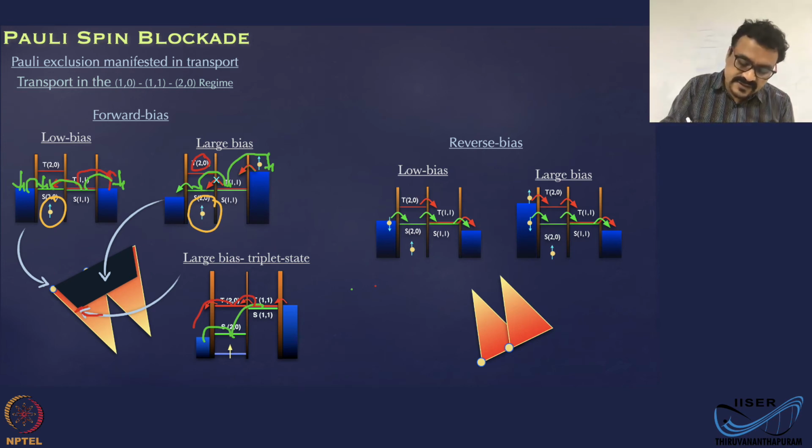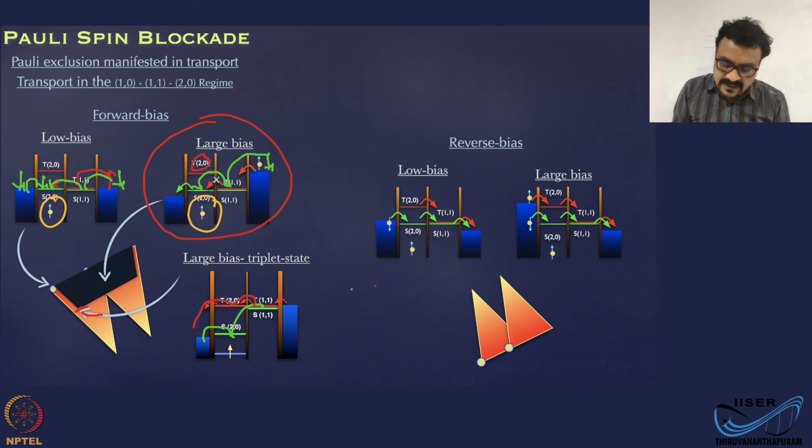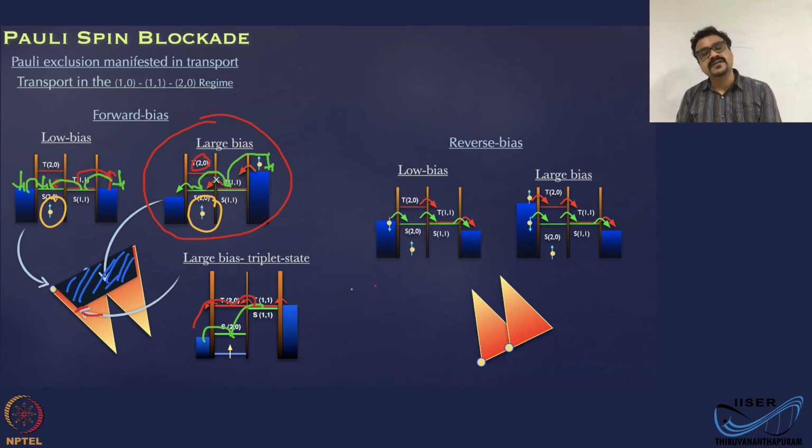So in this situation, until you lift the level of the dot 2 to the T20 state, current is blocked. So throughout this region, the current will be blocked, and this is called spin blockade.